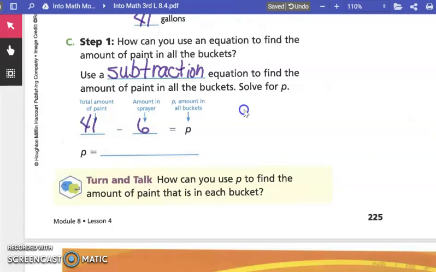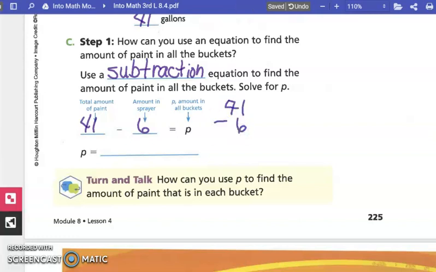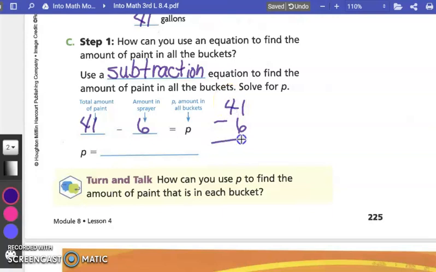So let's go over here and stack it up and subtract it. Can we subtract 1 and take away 6? No. We'll have to go over here and regroup from our tens, right? That makes this 11 now. 11 minus 6 is 5.